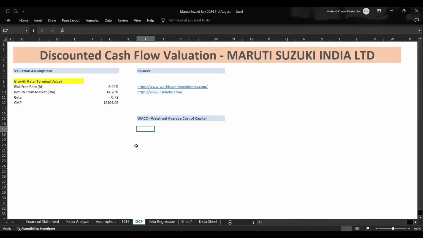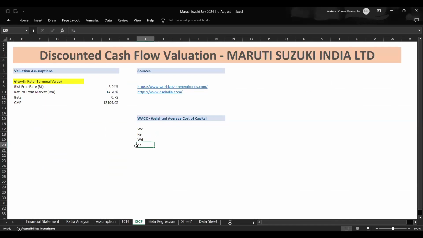Okay. First of all, we need to calculate weight of equity, cost of equity, weight of debt, cost of debt.